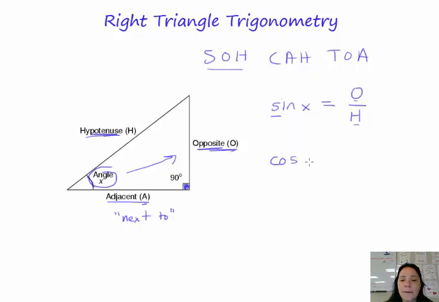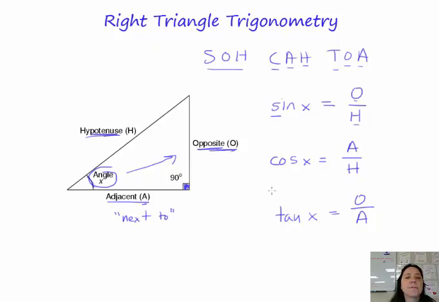The cosine of angle X is defined to be the side adjacent divided by the hypotenuse. Or CAH, cosine, is adjacent over hypotenuse. And the tangent of angle X is defined to be the length of the side opposite divided by the length of the side adjacent.